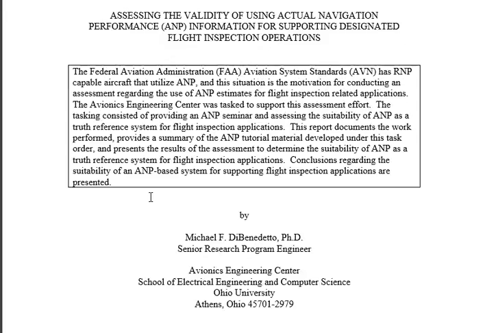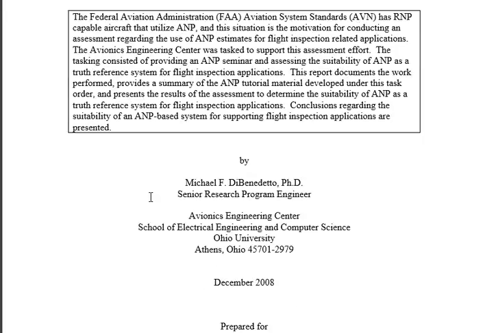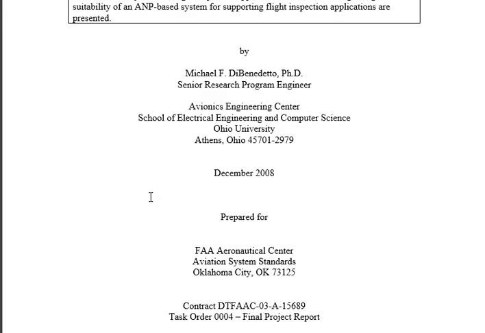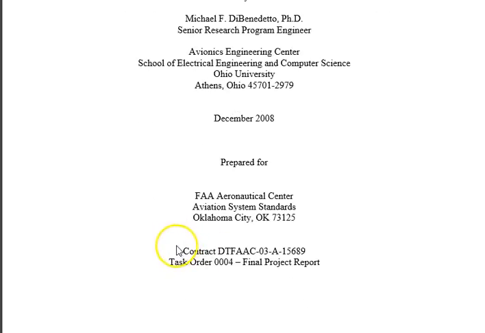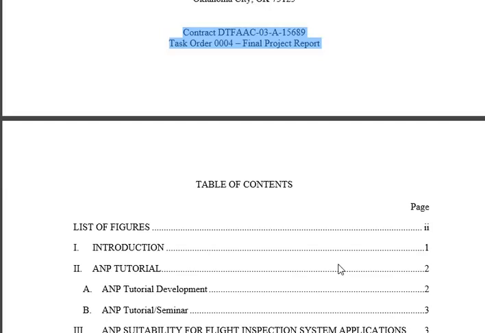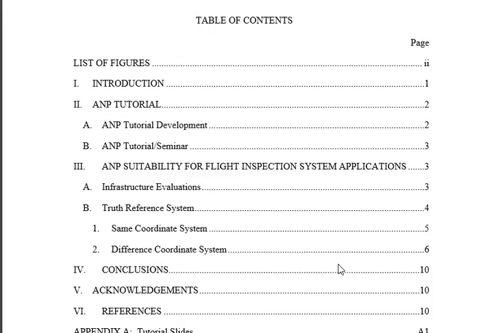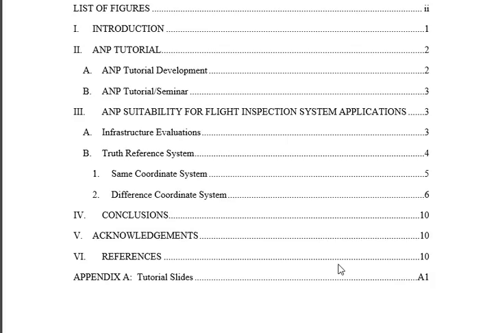But first, I want to show you this document: what the date of it is, who drafted it, where it came from, who supported it, what the contract ID was. Here you go, you see it here for yourself. Final project report. Here goes your table of contents. Very interesting document.